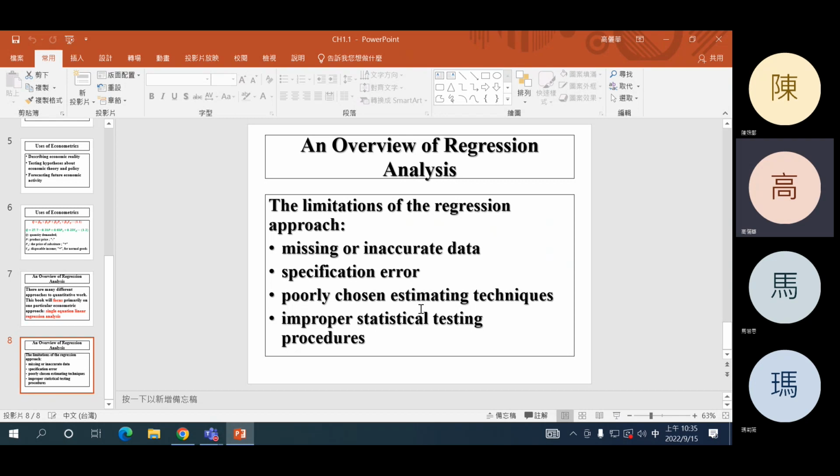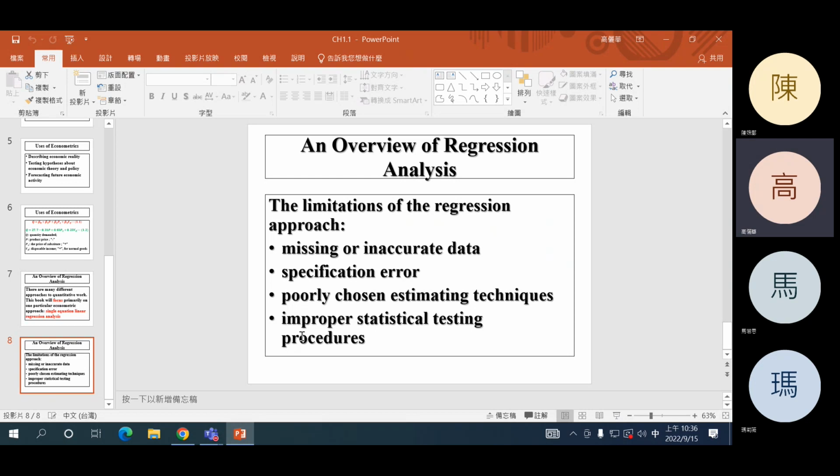We will start from the very beginning, from chapter 1 or chapter 2, with the very popular ones. Then gradually we'll introduce more techniques to match the situation you happen to have. So you need to choose the correct estimating technique.